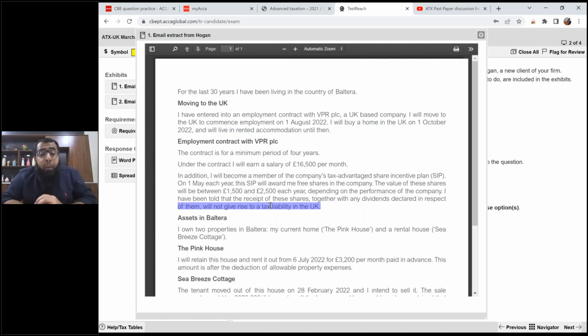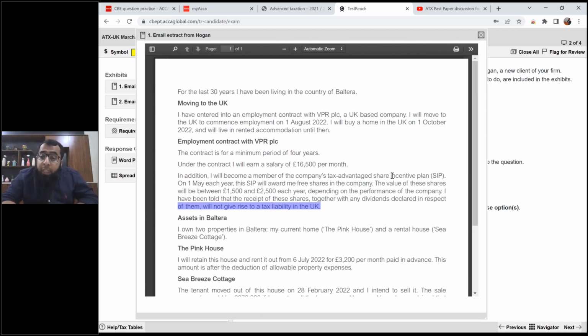Now, if you all remember the rules of the share incentive plan, you can get free shares, and it will not create any tax implication if you retain those shares for at least a period of 5 years. If you dispose of them after 5 years, then there are no tax implications.